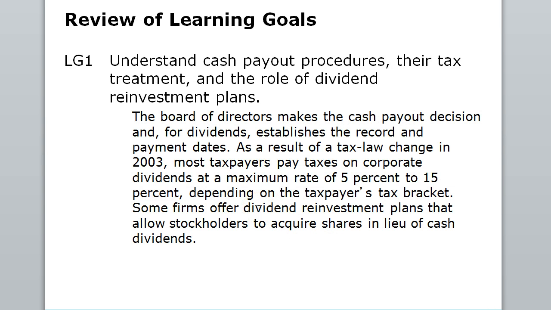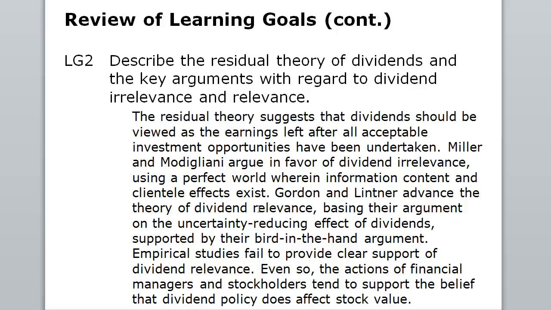Okay, so that is the payout policy chapter, and I believe we met all our learning goals for this chapter. We talked about cash payouts, procedures, their tax treatments, and the role of dividends in reinvestment plans. We looked at the residual theory of dividends and key arguments regarding dividend irrelevance and relevance.